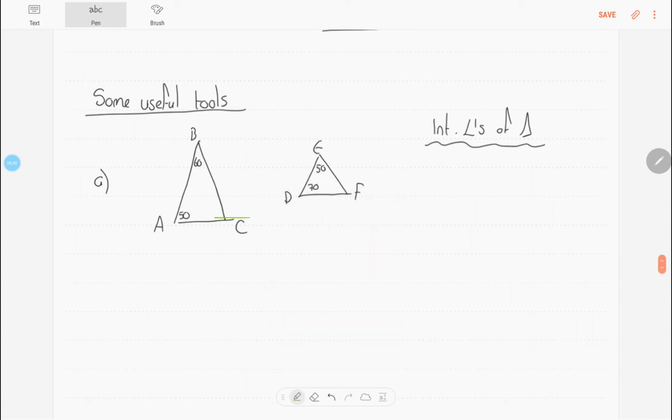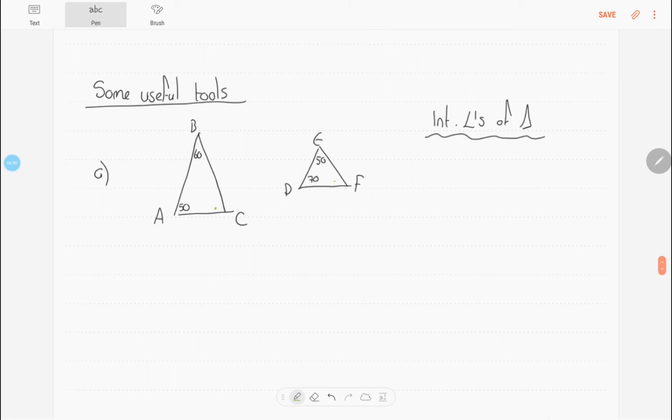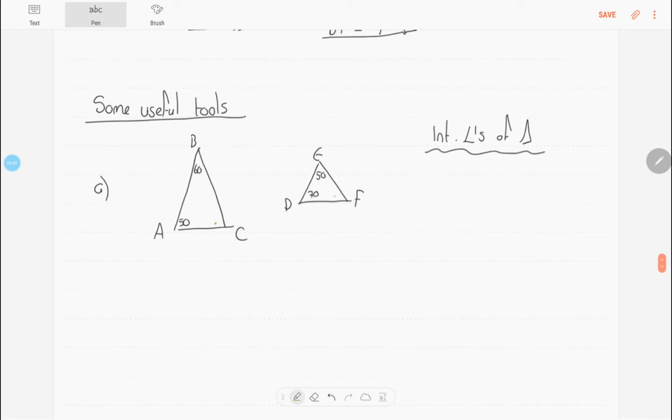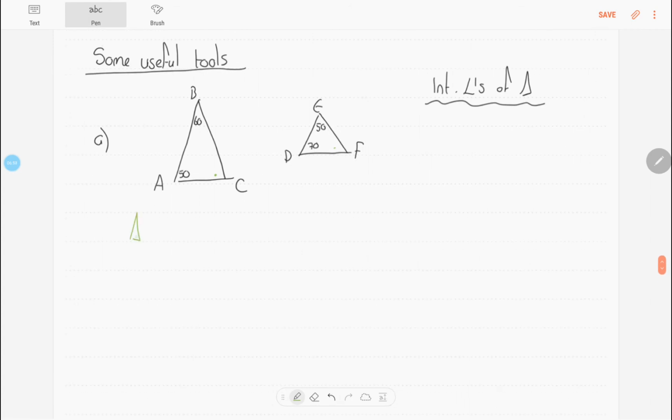So we need to find C and we need to find F, to see if they're the same, because that's what we need to find, right? So we use interior angles of a triangle. In triangle ABC, we know that angle A plus angle B plus angle C must give me 180 degrees, right?